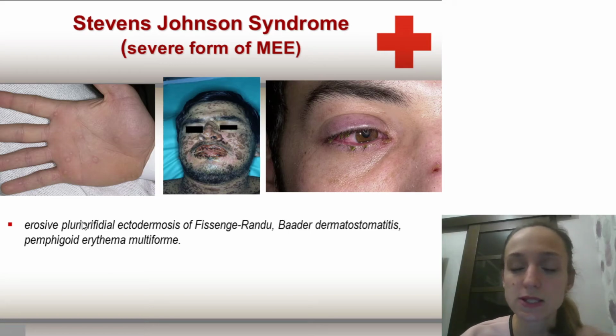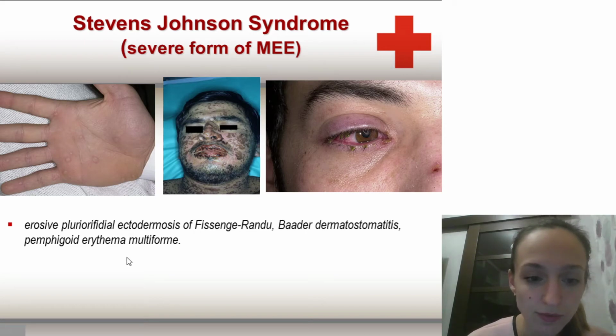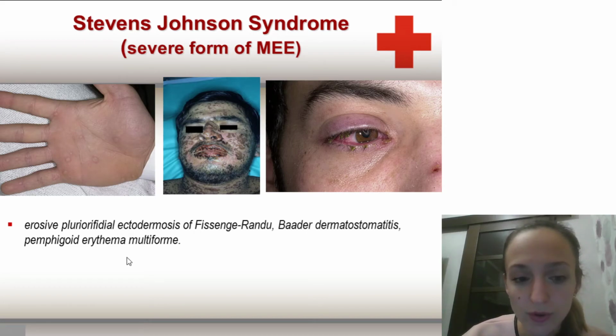Syndrome of Stevens-Johnson. So, erosive pluriorificial ectodermosis of Fissinger-Rendu, and then bullous dermatostomatitis, and pemphigoid erythema multiforme.